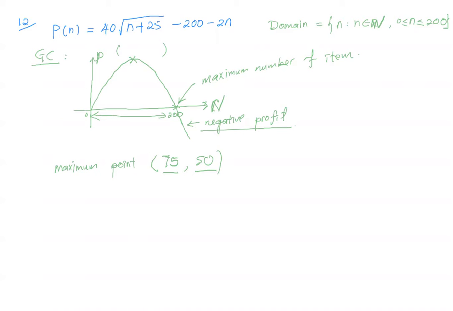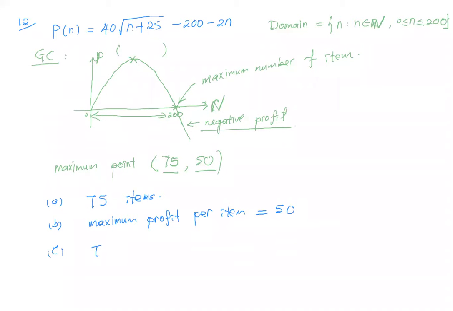So you can answer part A, 75 items. Okay. So what is the maximum profit per item? So maximum profit per item will be 50.